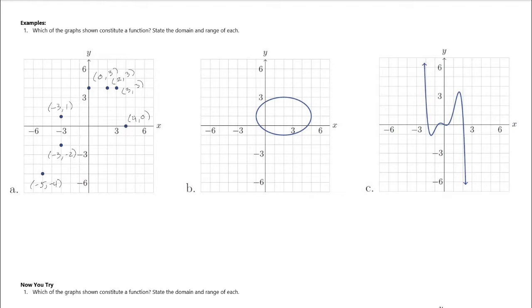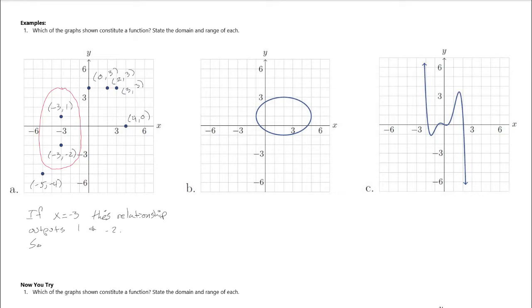So if I look at these, what I hone in on here is that the points -3, -2, and -3, +1 are saying that if x equals -3, this relationship outputs 1 and -2.